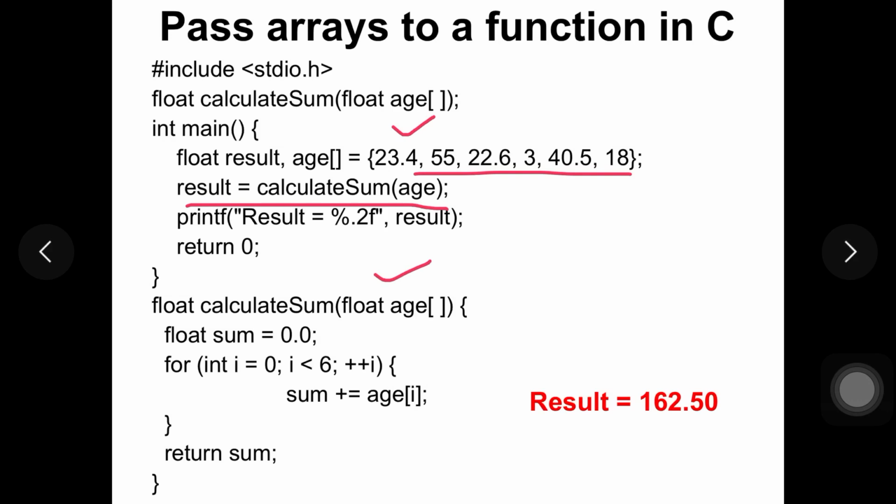By adding all of these you get a result, which is stored in sum, and you return sum back to main. After that you print the result here. Finally the result will be printed as 162.50. So one by one the array elements are taken and added using a simple for loop. So this is passing the whole array to the function.